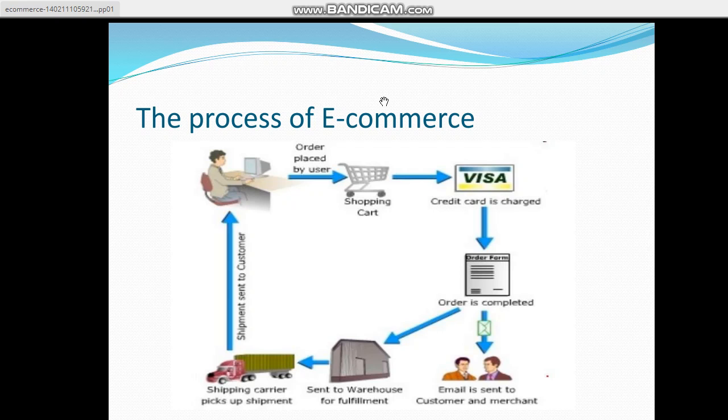An email is sent to the customer and the merchant. The product, which is at a certain place, for example a warehouse, is available for shipment, then the carrier picks up the shipment, and the shipment is at your door in the next 2 to 3 working days.